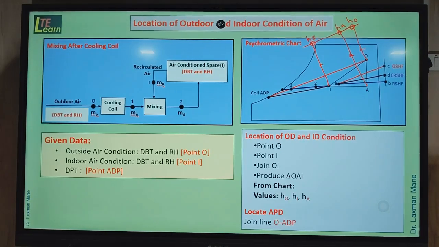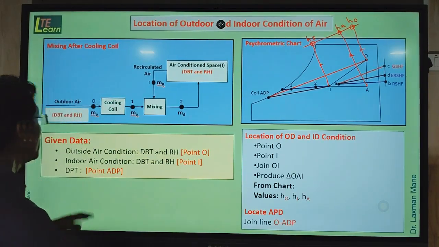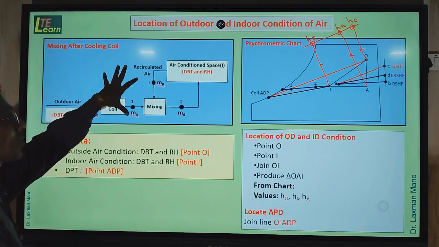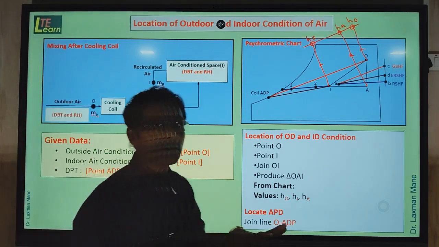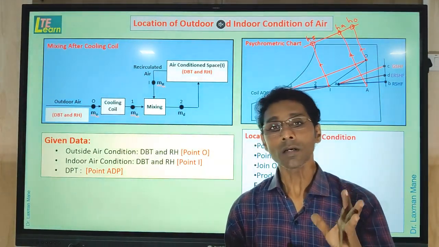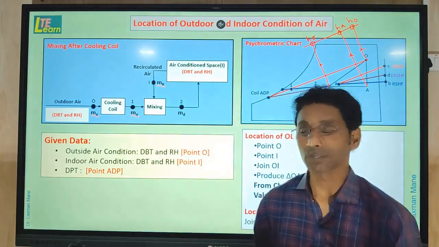In the first objective, that is location of outdoor and indoor condition of air, we need a block diagram of the process. This is a block diagram of air handling unit. This is a part of central air conditioning system where the outside and recirculated air both are mixed.